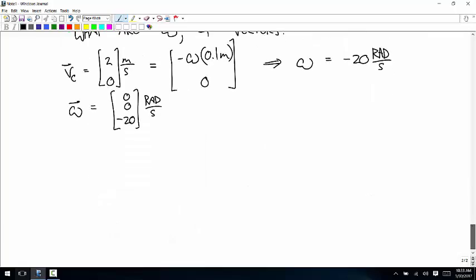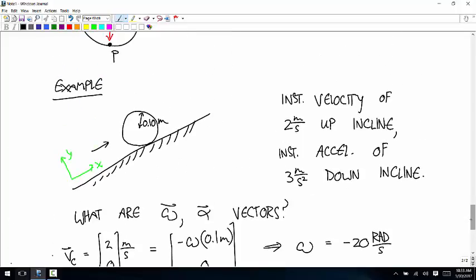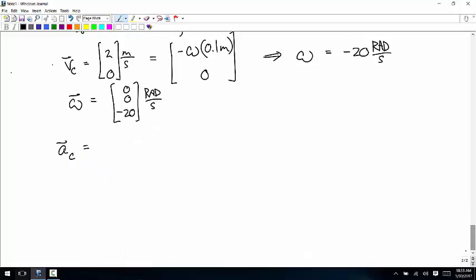And then same idea for the acceleration. The acceleration vector of the center is, what are the components of that? 3 meters per second down the incline. Yep, negative 3 meters per second squared, 0. And that's equal to negative alpha times 0.1 meter, 0.